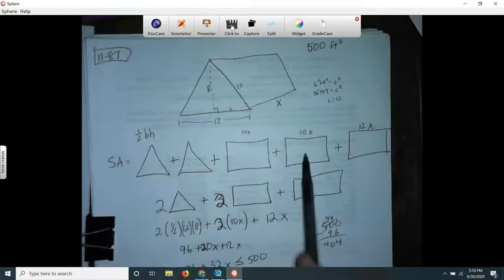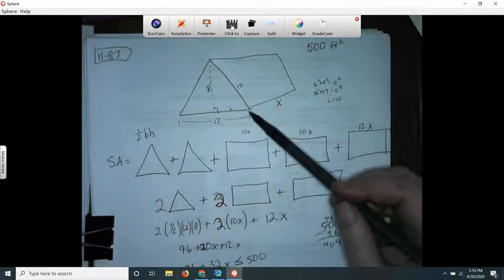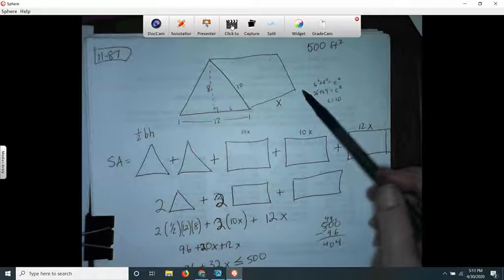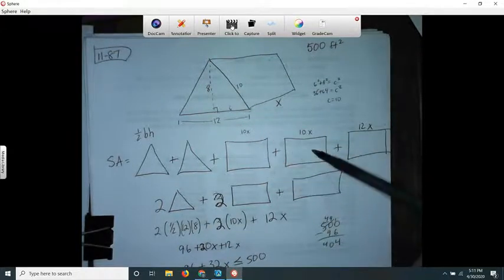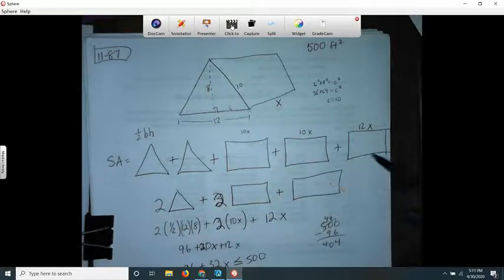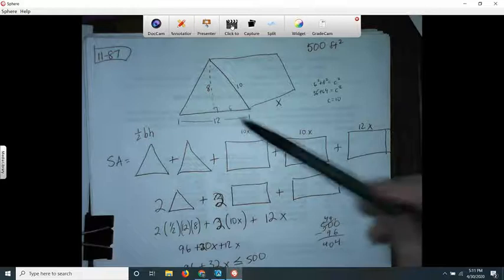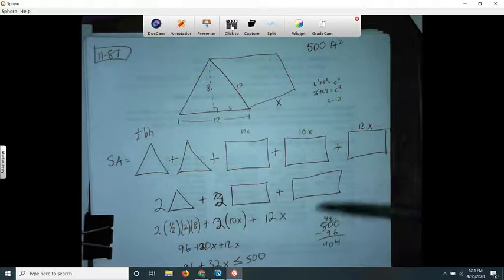There's 2 of these. The reason that the area is 10x is because this is x, the length that they want, and this is 10 because I did Pythagorean theorem and figured it out. There's 2 of those. And then this one right here is the floor, which is 12 times x. So I added these all up.